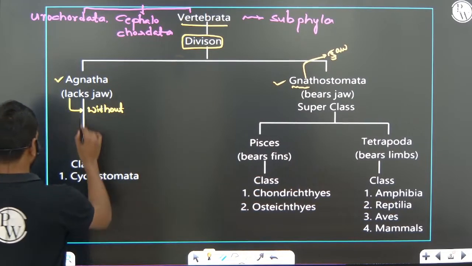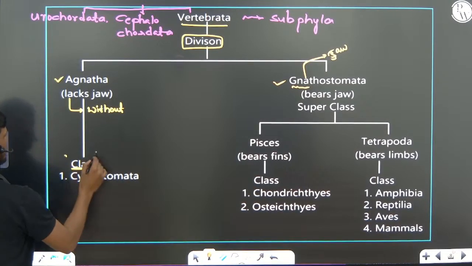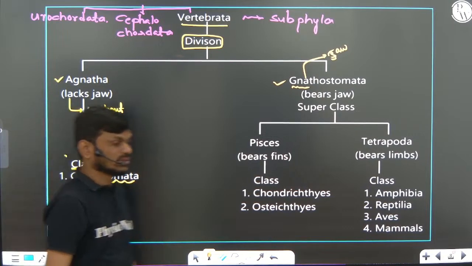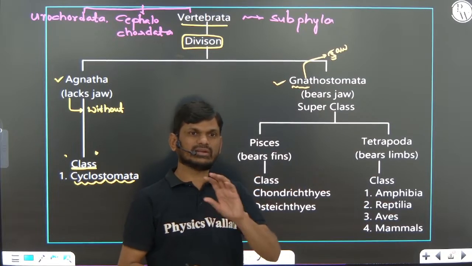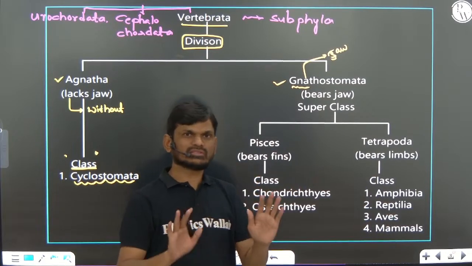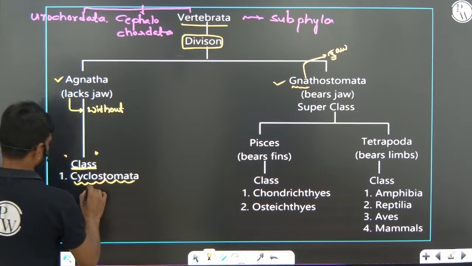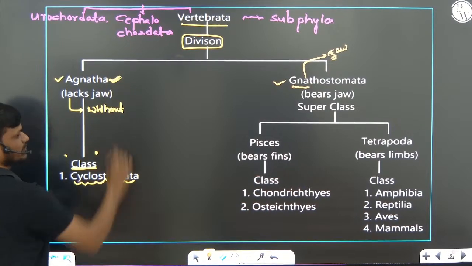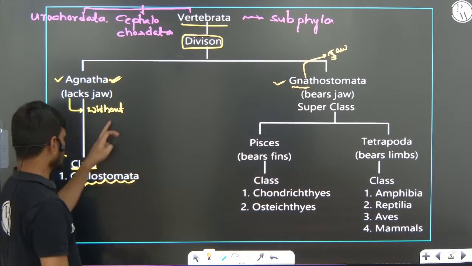Agnatha is divided into class Cyclostomata. There are others too, like Ostracoderms and Placoderms, but it is not given in NCERT, so we are only discussing NCERT line by line. So Cyclostomata is the one class in Agnatha. Only one class is there in Agnatha.